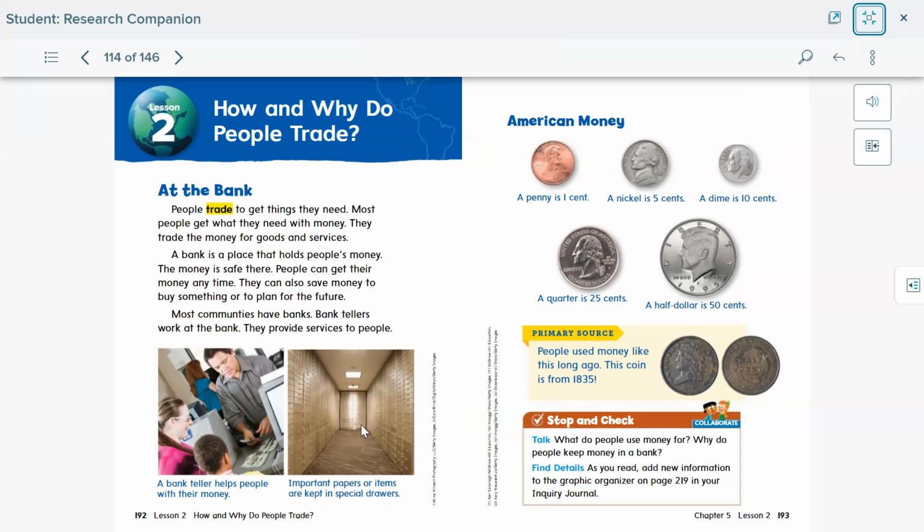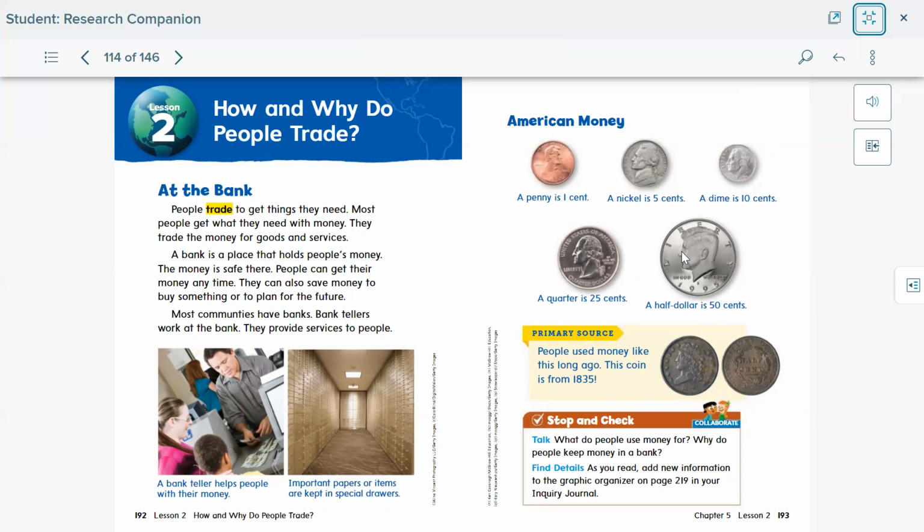And as we see here, important papers or items are kept in special drawers in a bank. American money. We covered this part in math, but it's good to go back to this information. And remember, a penny is 1 cent, a nickel is 5 cents, a dime is 10 cents. Then we have a quarter, 25 cents, and a half dollar, 50 cents.